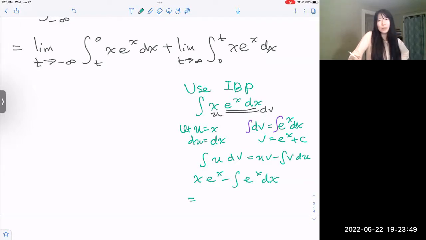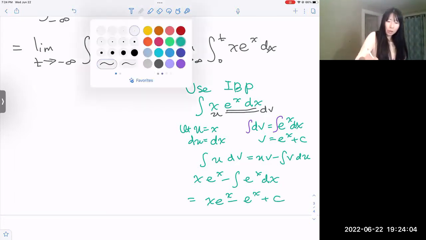Then what do you get for this one? x e^x, and what's the integral of e^x? We just did that, right?